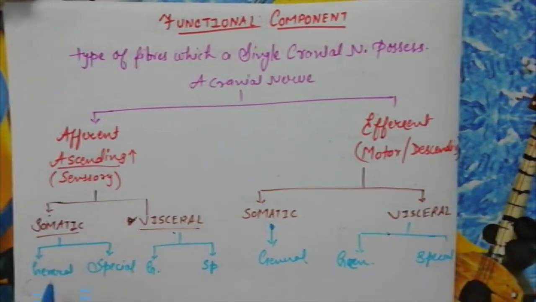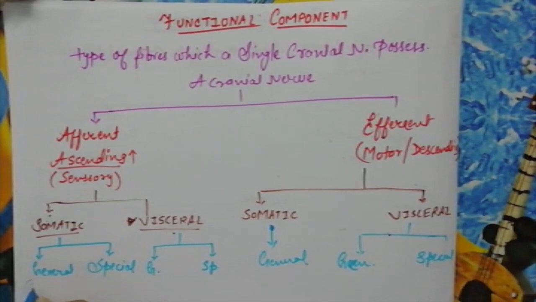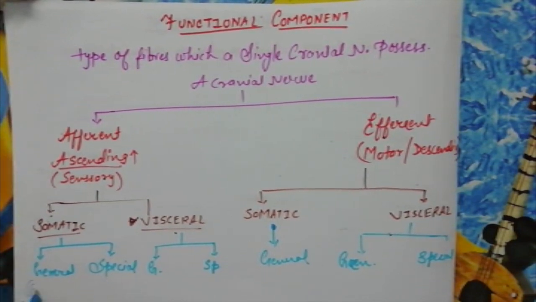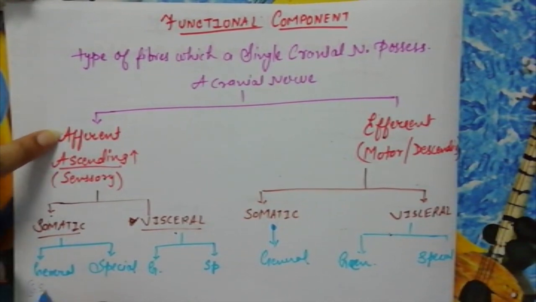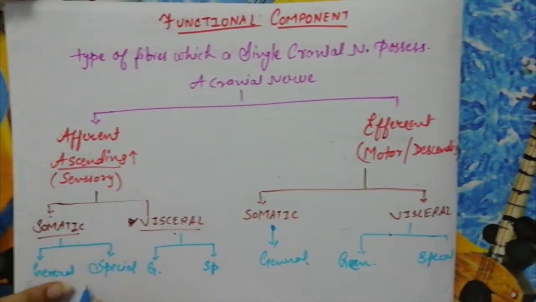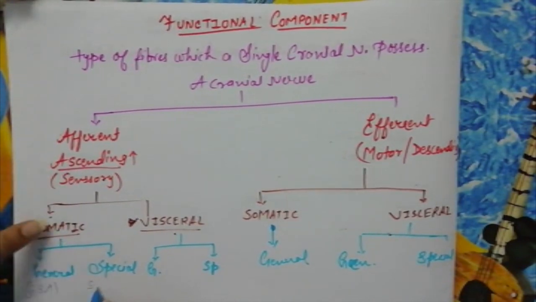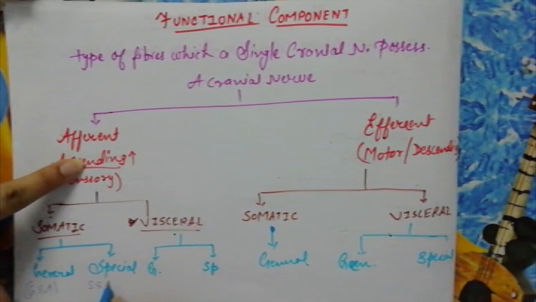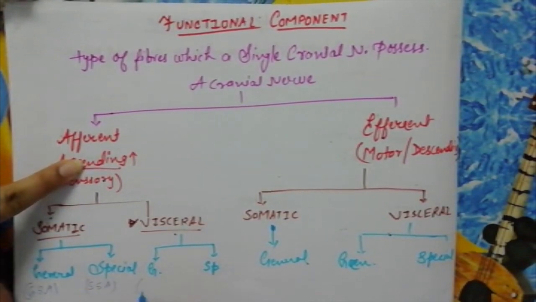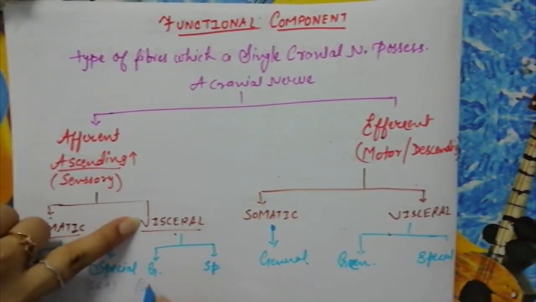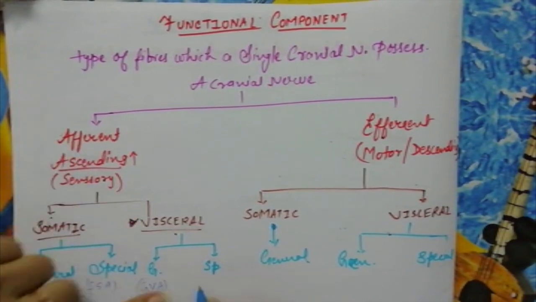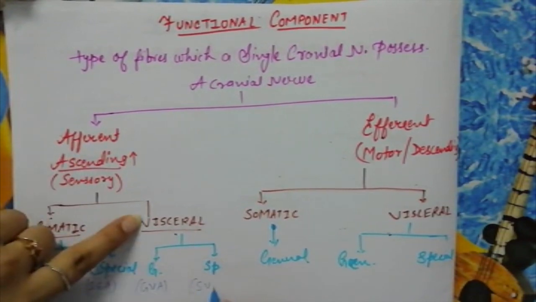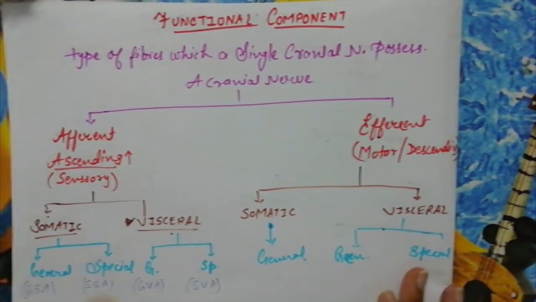So let's write the full names. This is general somatic afferent, and this is special somatic afferent. This is general visceral afferent. This is special visceral afferent.